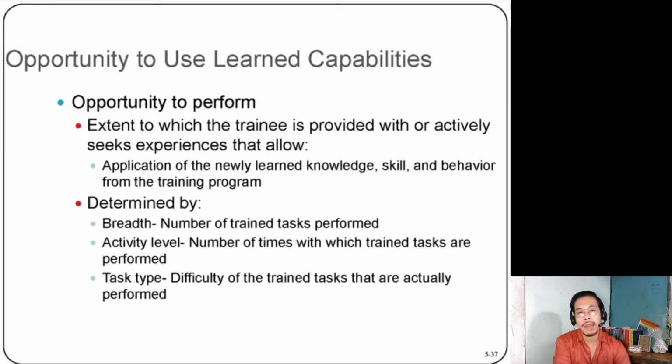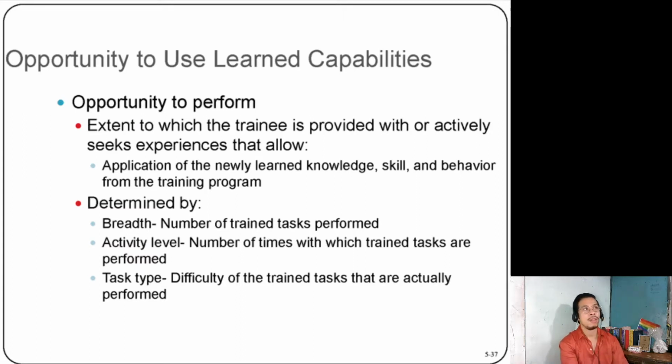So we have here now the opportunity to use learned capabilities. When participants or trainees have the internal motive or the internal capacity to learn certain things or certain tasks, it will also yield several advantages to the training.